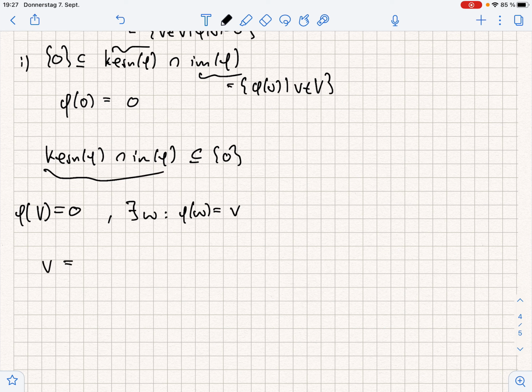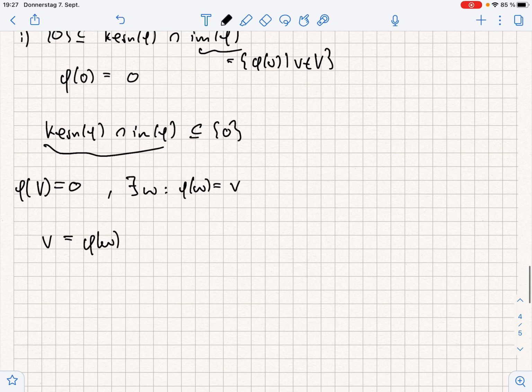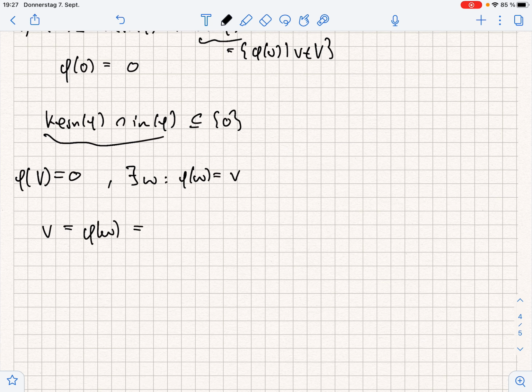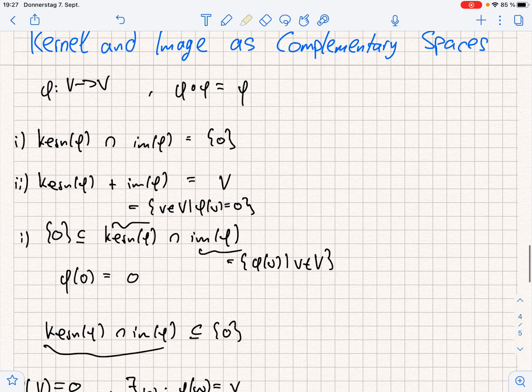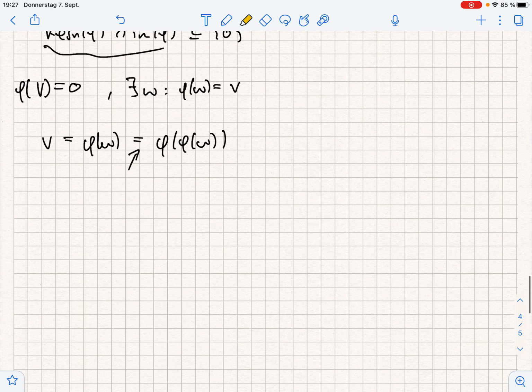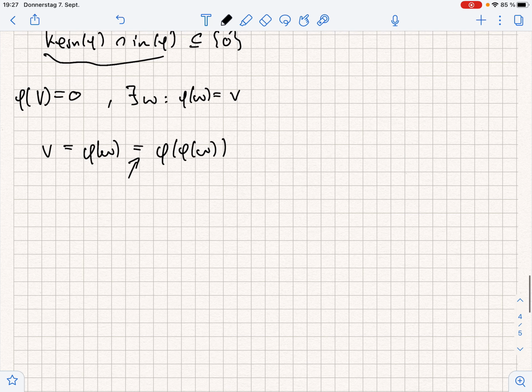We can rewrite this as phi of w because of this property, as v is in the image, and we can rewrite this in this way, since in case you've forgotten, at the beginning of the video I said that we only consider functions where this holds true. So obviously phi of v is the same as phi of phi of w.